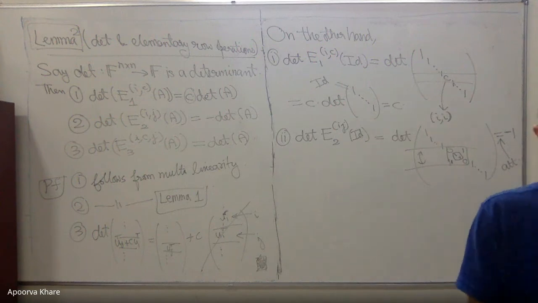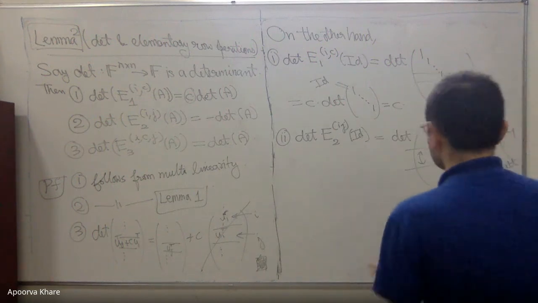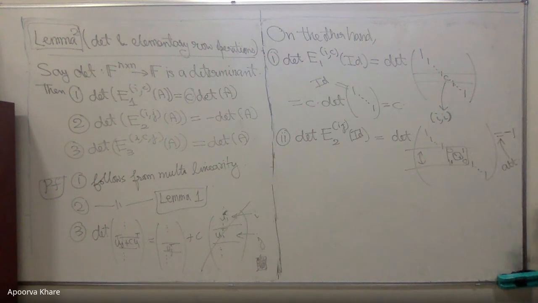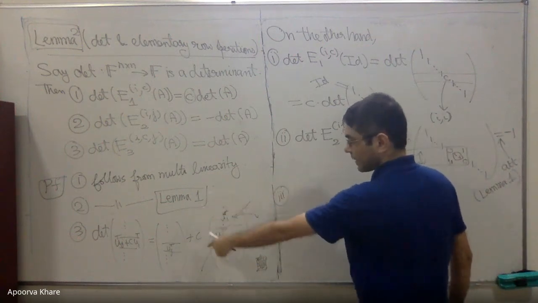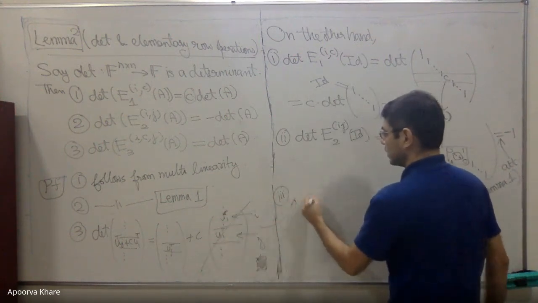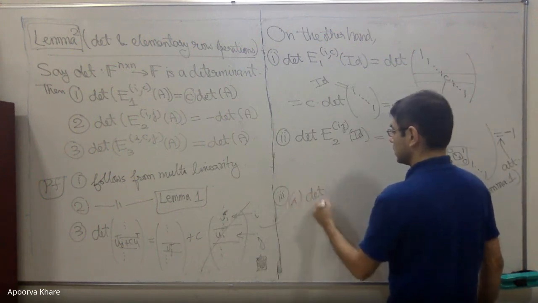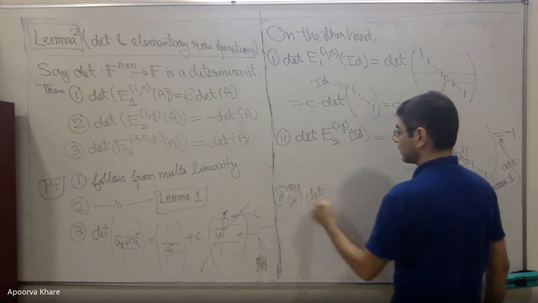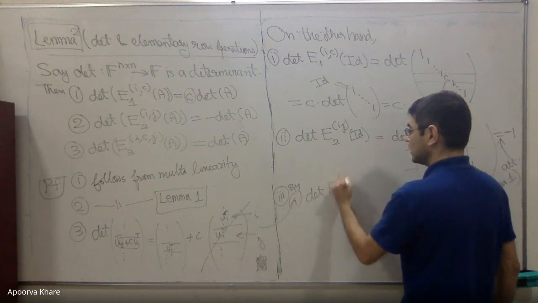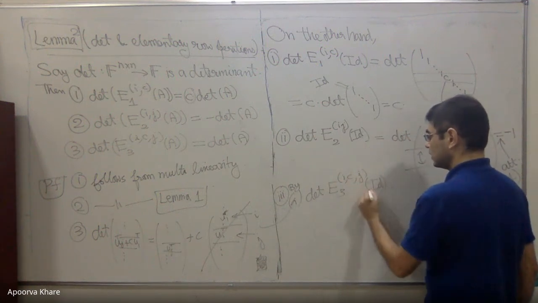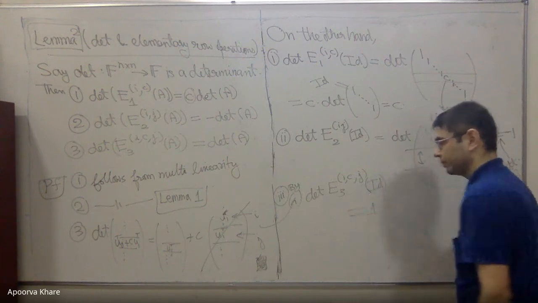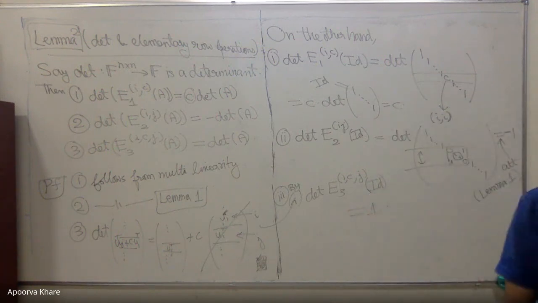The map is alternating, so this is our lemma 1. And then for the third one, similarly, you can check by this kind of calculation that the determinant of E3 of identity is just 1. So you can check all these out.